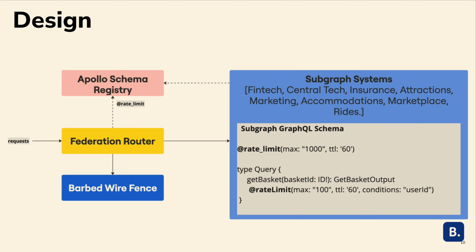It will parse this directive and translate it to the rate limit infra native format. For each incoming request, we check whether the request should be rejected or allowed by checking the rate limit infra. So the workflow is quite simple.